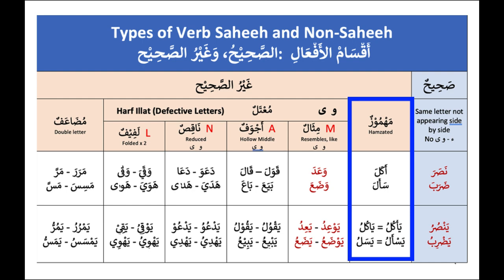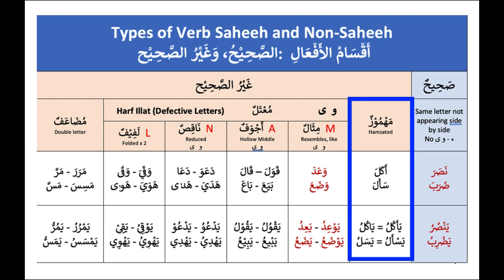For example, akala. In Mudari, we will say akala yakulu. And you can see yakulu, which is the original Mudari form, has changed. That Hamza has been changed to alif here. Obviously, there is a rule for this tabdil process. Inshallah, we will learn this in details later on. Similarly, have a look at the Mudari form of sa'ala.